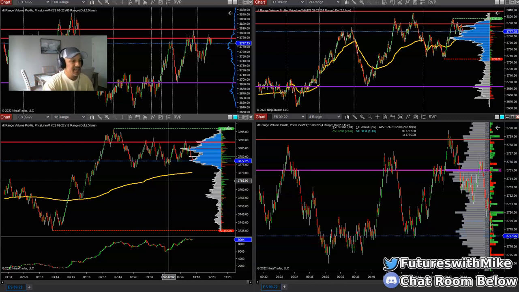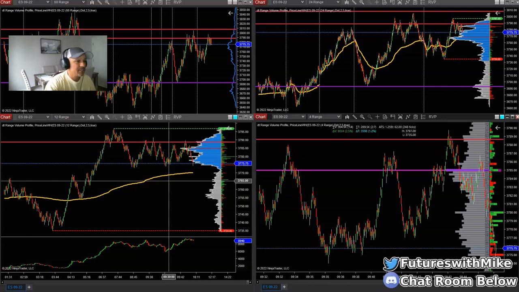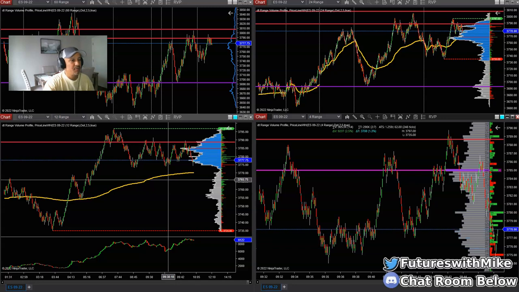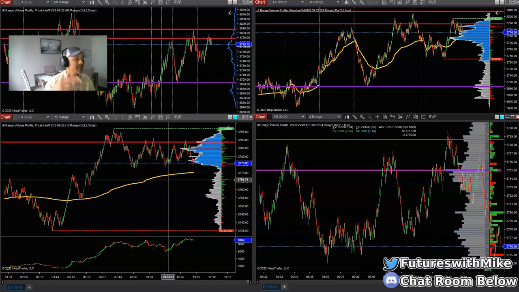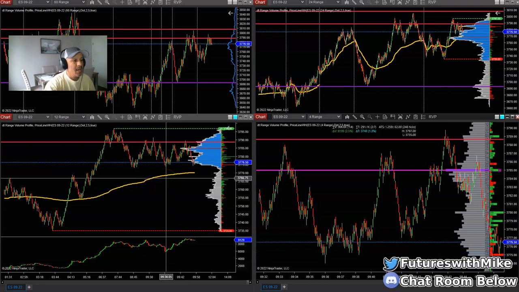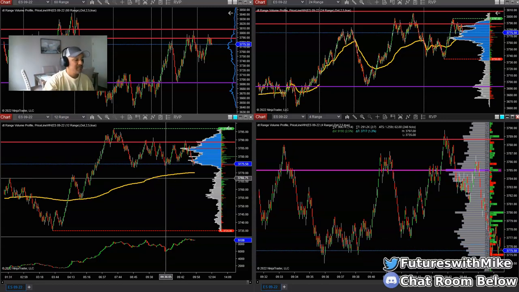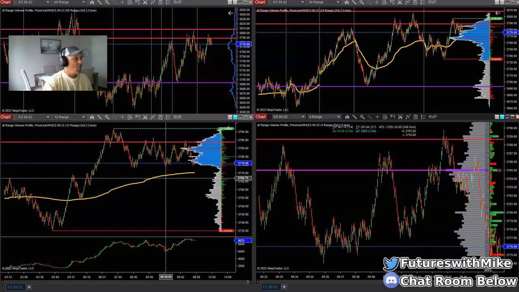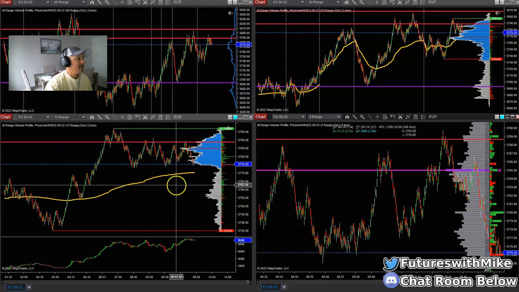If I see an area where price has tapped into supply or demand, I start scaling down to my lower time frame charts and look for breaks in structure. If price is in an area of demand off the higher time frame, I look at my lower time frame, like my 12 range, which is my anchor chart, to see if price is going to start breaking structure, meaning making higher highs and higher lows, and then I look for a pullback. It's the absolute opposite when price is hitting off an area of supply.